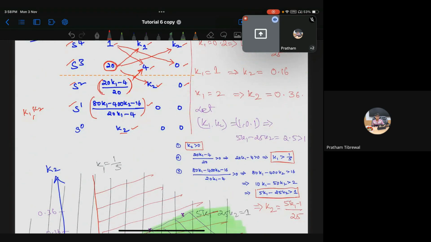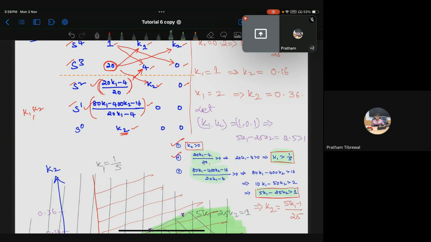First, the last expression: K2 is greater than 0. Then this expression, (20K1 minus 4) by 20, is greater than 0, which gives K1 is greater than 1 by 5. The third one gives this expression. Here it is like a straight line, but the inequality is there, greater than 1.